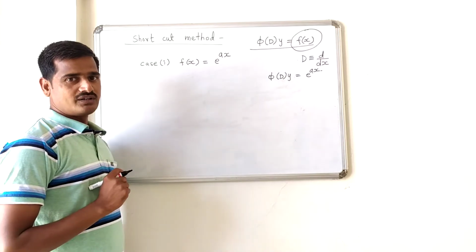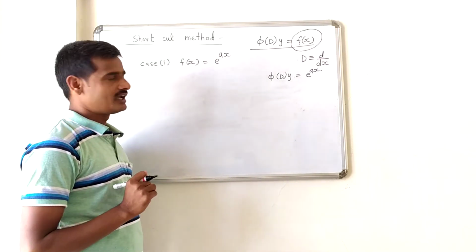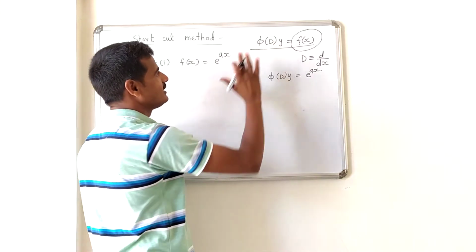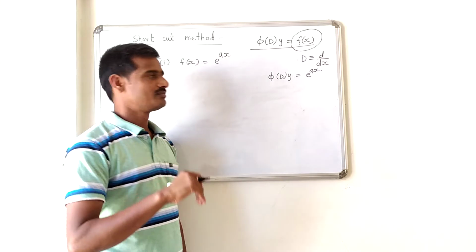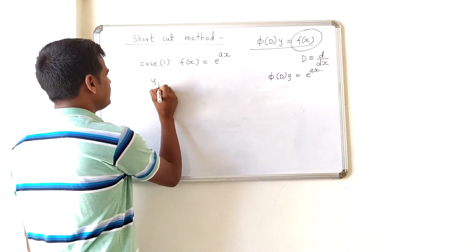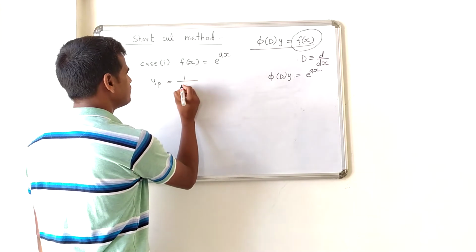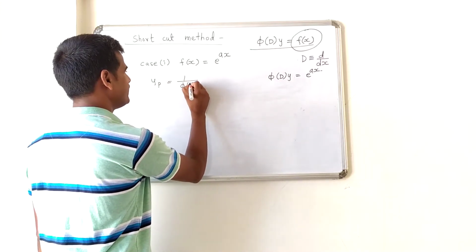Now the point is how to find the particular integral. There is no difficulty in getting the complementary function. You first calculate the auxiliary equation and then the complementary function. Now the particular integral yp is given by 1 upon phi of D operated on f of x.